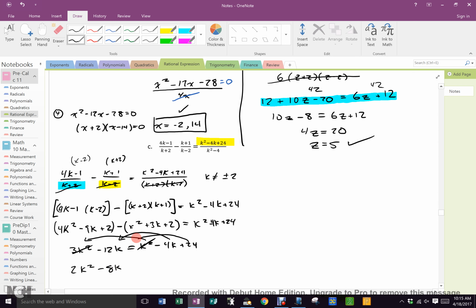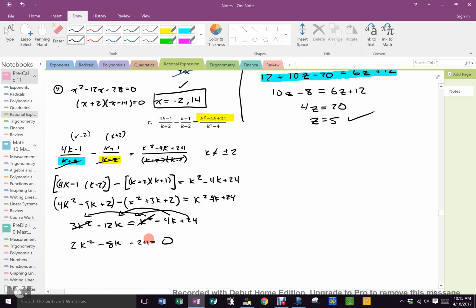And this 24 has got to come over and get what? Negative 24, all equals what? 0. What are you going to do with that trinomial? Factor. What's the GCF? Out comes 2. K squared minus 4k minus 12 equals 0.